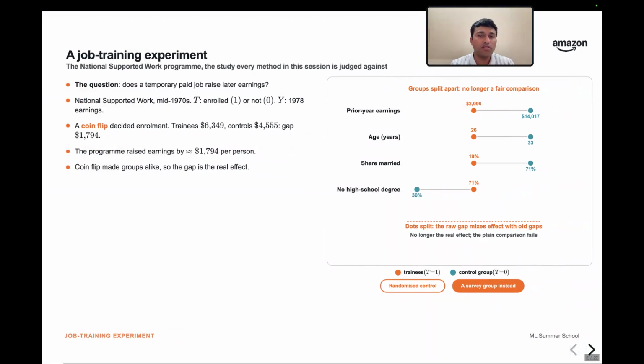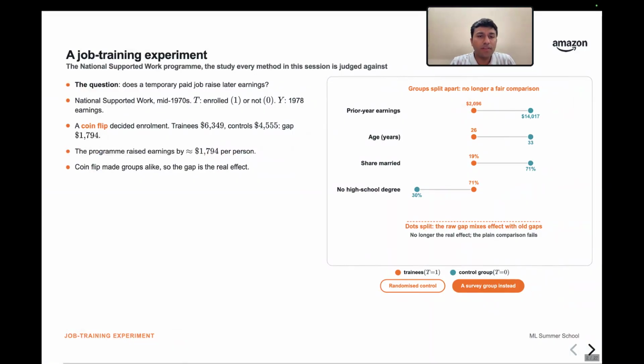Maybe it's because the prior year earnings for the treatment was higher, or maybe the age group of the treatment was lower, right? So there can be multiple reasons whenever we do a survey of this sort, and that's why the answer that we get usually is not very reliable, or cannot answer the question of whether the internship led to the higher salary or not.